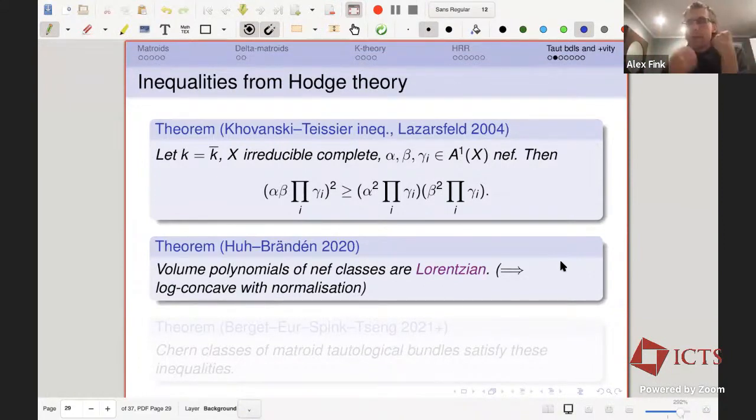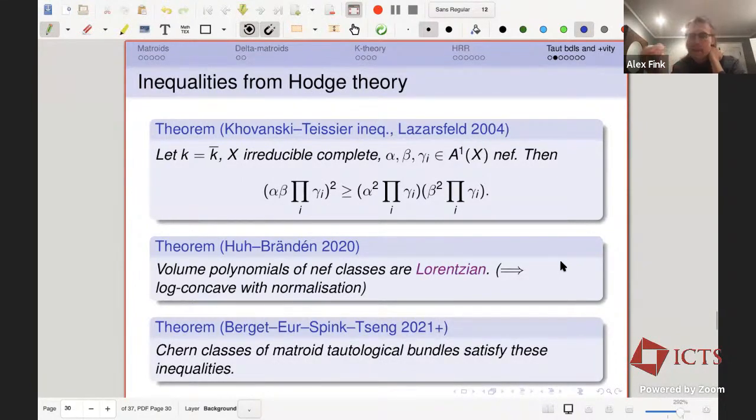This is the Lorentzian property. I won't define it here, but it's the right generalization of these inequalities. And in type A, the bundles that I wrote down on the previous slide, their Chern classes satisfy these inequalities. So you can use them to prove combinatorial theorems, like inequalities on matroid invariants.